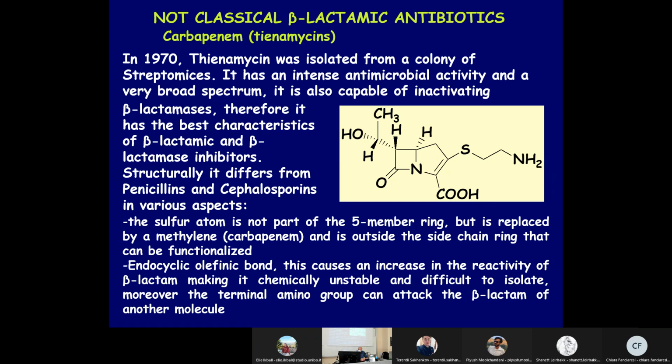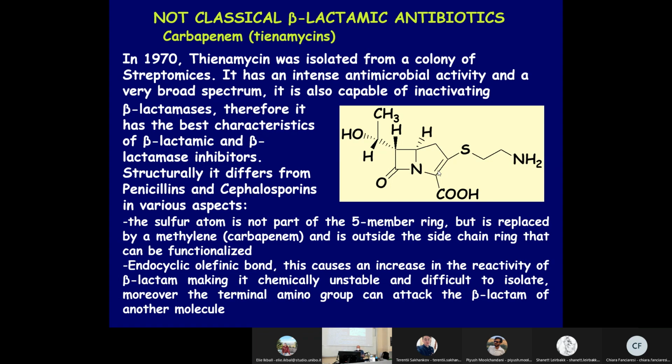And here you can see the chemical structure of this natural compound. Once again, please, you see the beta-lactam ring, fused with another 5-member ring, but in this case, the sulfur atom is outside the 5-member ring, and there is a double bond like in cephalosporin.